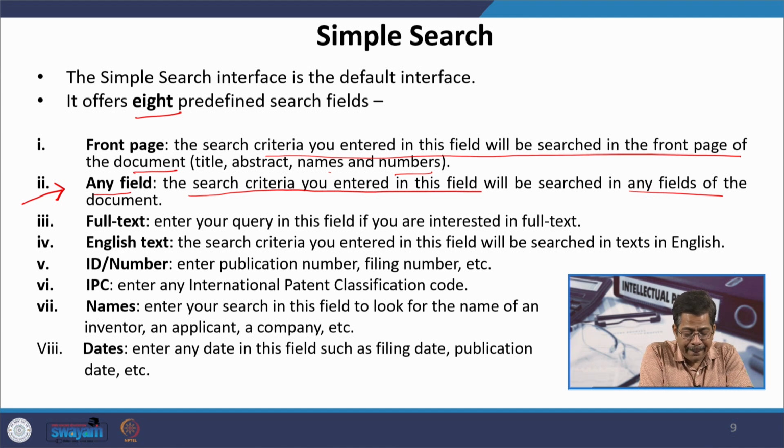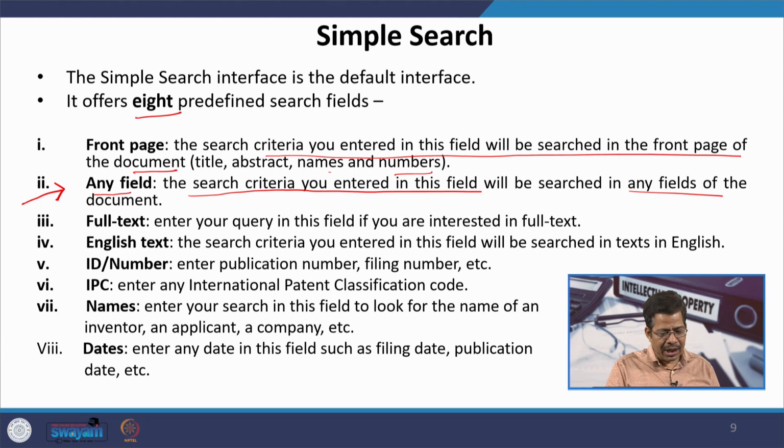Then ID number, IPC, that is the patent classification code, name, meaning the inventor, applicant, company etc., and the dates. So you can actually play around by entering your search criteria, whether you are looking for a name, a date, a classification, or maybe any field or front page title.